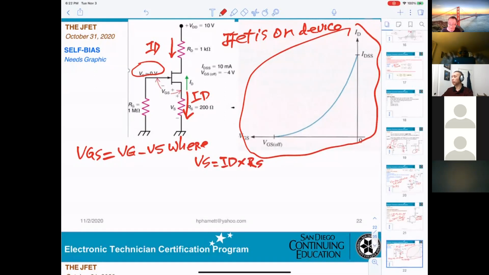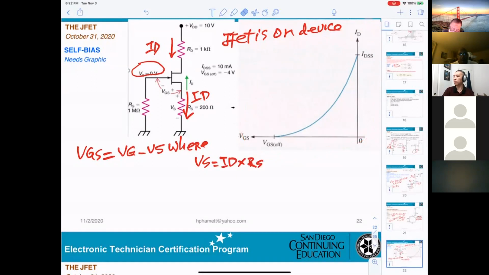Okay, and then I need to erase that. Then VGS now equals VG, and VG equals 0, right?